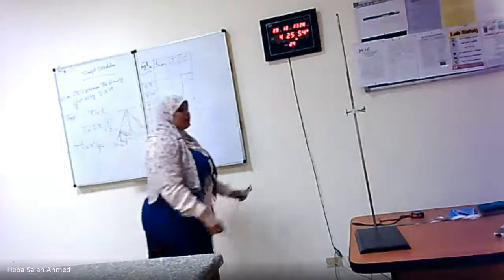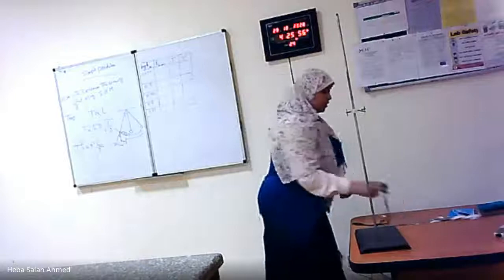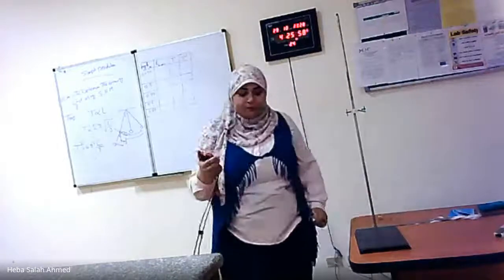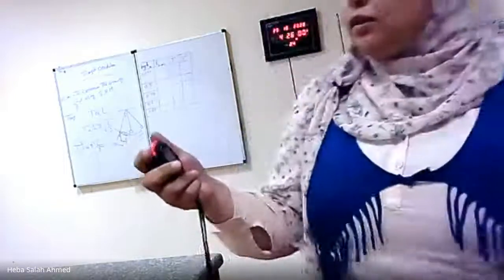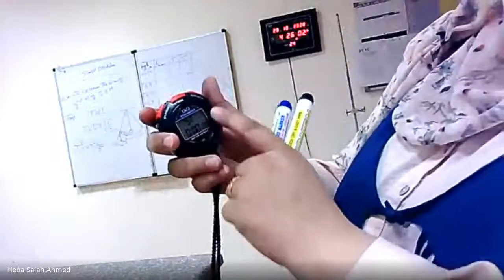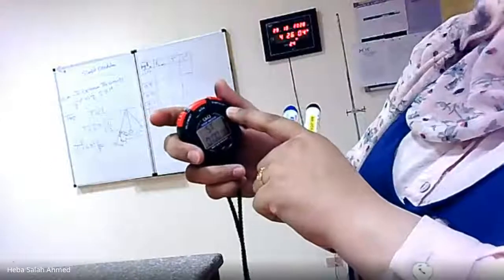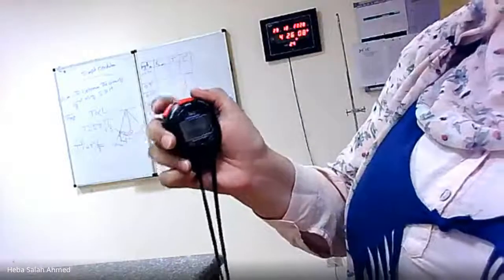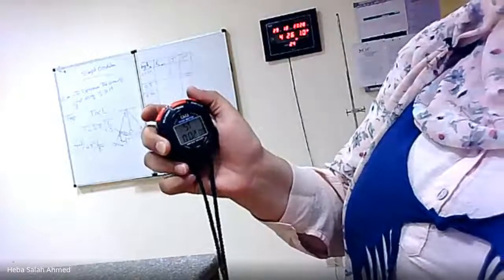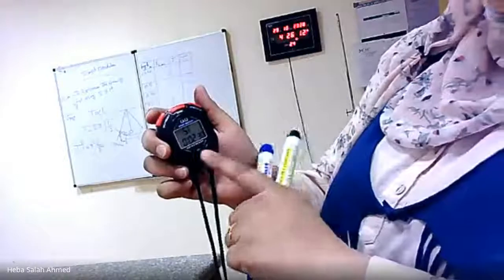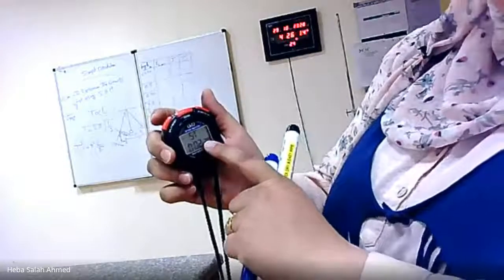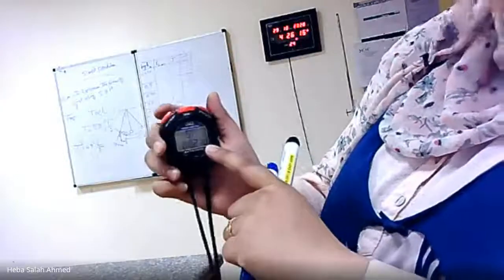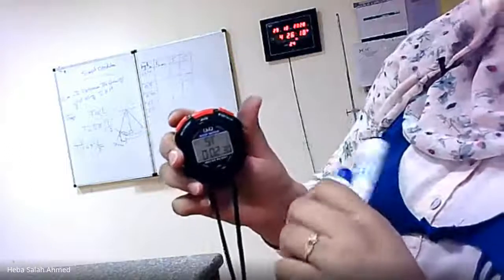So if we are going to use our stopwatch here, let's see how it works. We see here that we have the start and the stop button, and here we have the reset button. If you want to start something and then stop, by reading this time, it's 2.30 seconds.